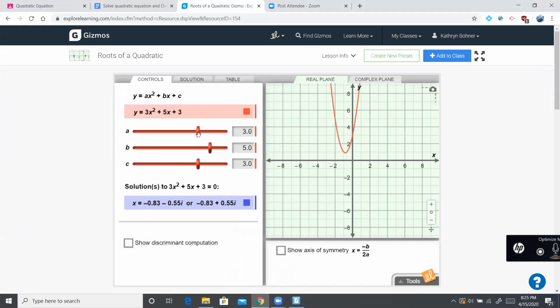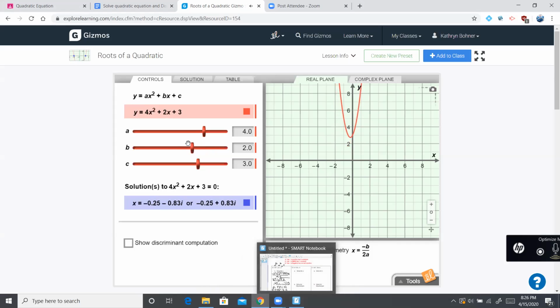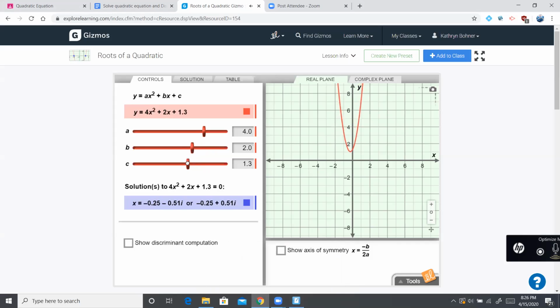You're going to put in a 4 for the A, B was a 2, so we're going to move it around to 2 right here, and C was a -3, so we're going to do a -3 right here.